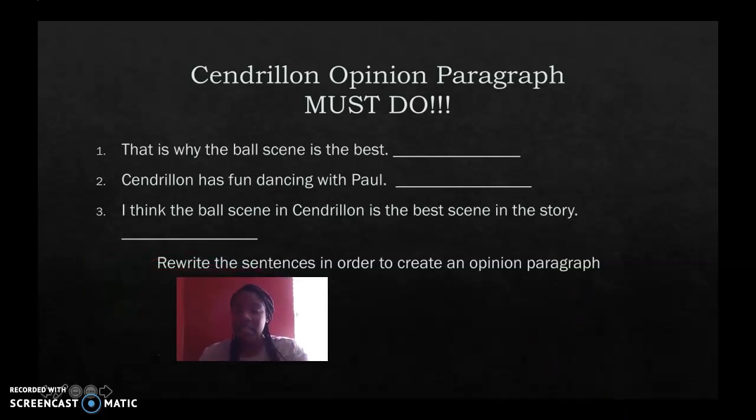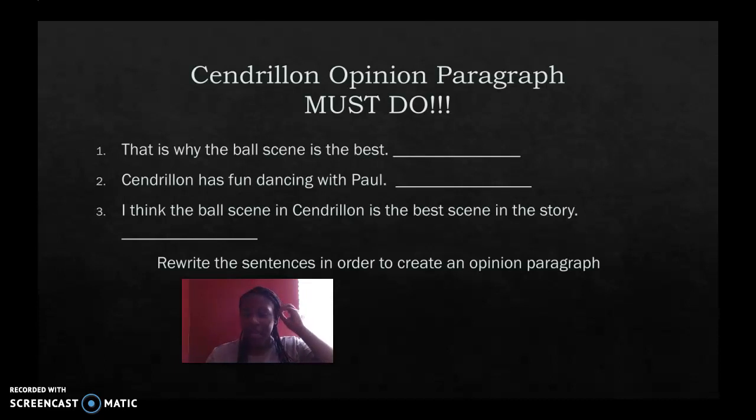Again, if that's confusing to you, reach out to your teachers. I wasn't able to really give an example because I really want you all to be able to do this independently. Parents, feel free to help in any capacity that you might need to. And again, if you need to reach out to your teachers for help, that's perfectly okay. This is the only thing that you need to turn in to me today.